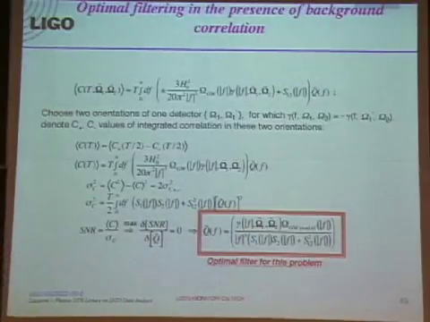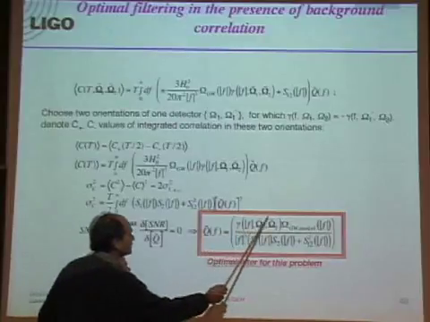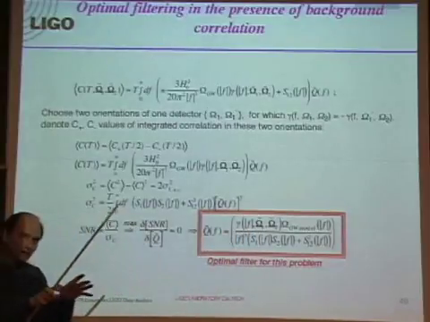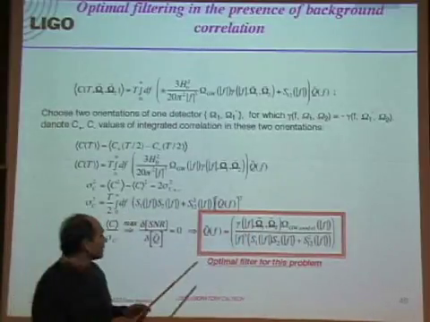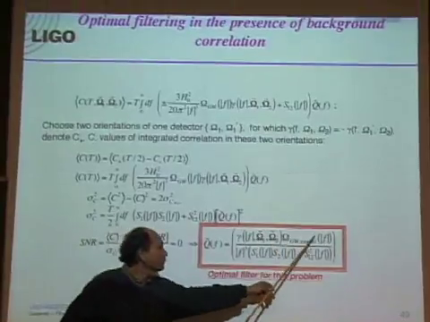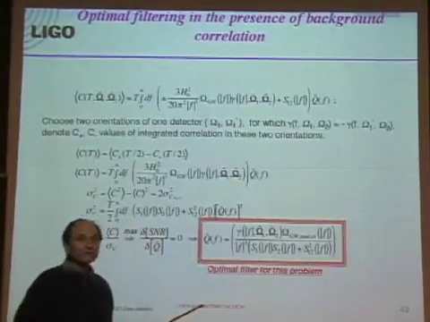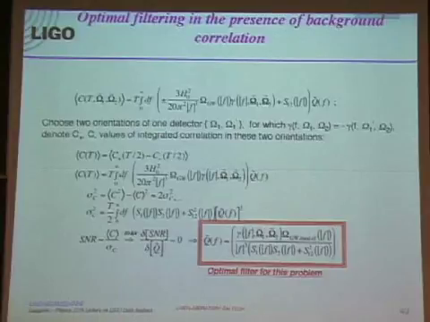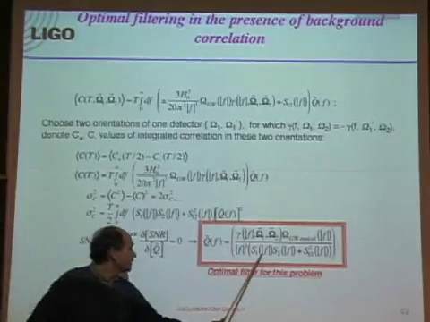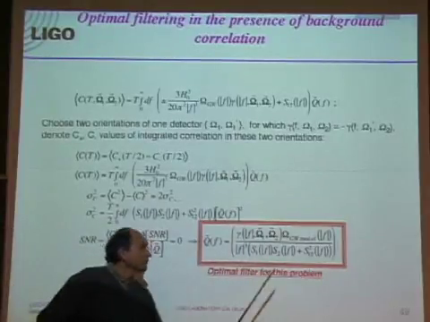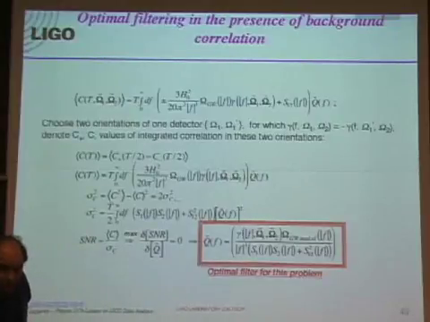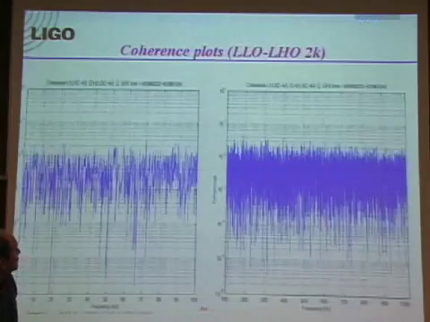And it involves a geometric factor that has to do with how the antennae are separated in space and oriented relative to each other, a model for what you think the astrophysical content of the stochastic background is, and then the empirical estimates of the detector noise that appear as the suitable denominator of the optimal filter.